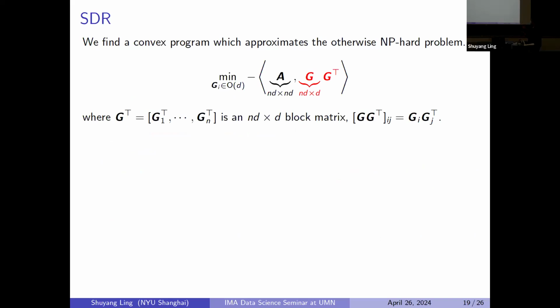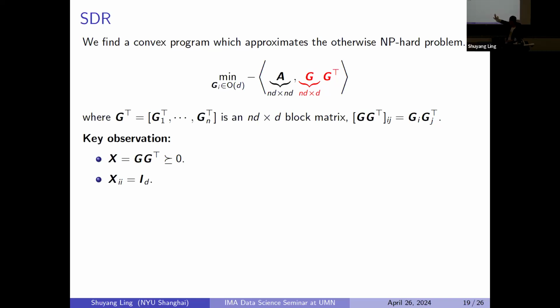So similarly, you can do this SDP relaxation, right? G would be the stacking of all the orthogonal matrices together. You have a large matrix, and each block will be GI times GJ transpose, and each GI will be an orthogonal matrix. And we can also do this convex relaxation by letting X be this product factorized form.